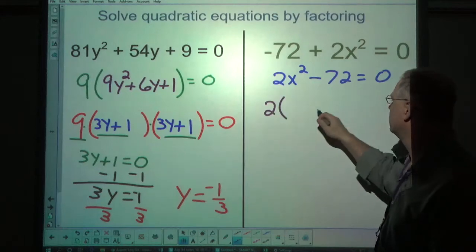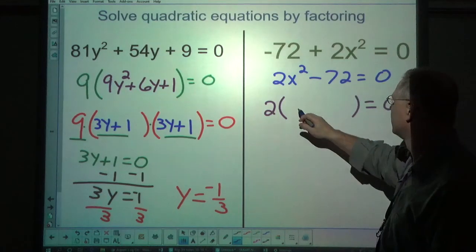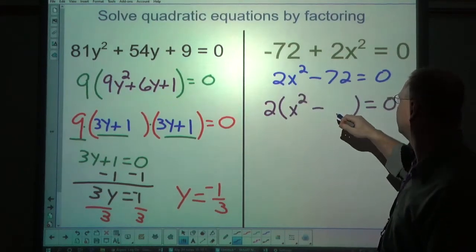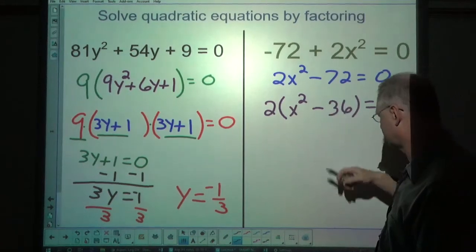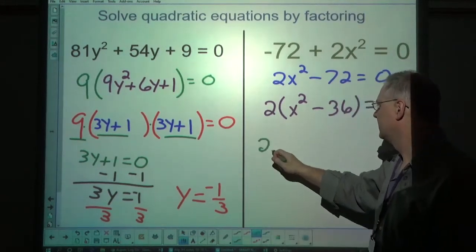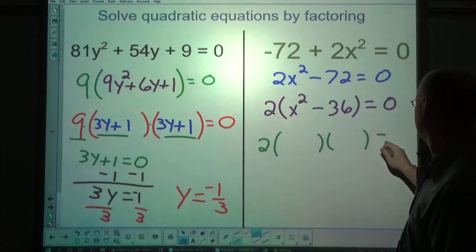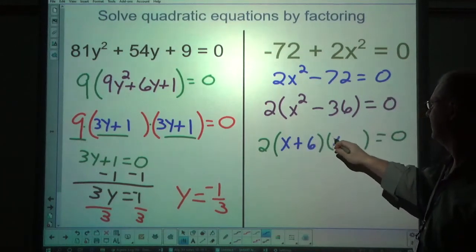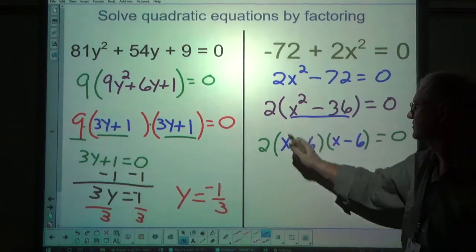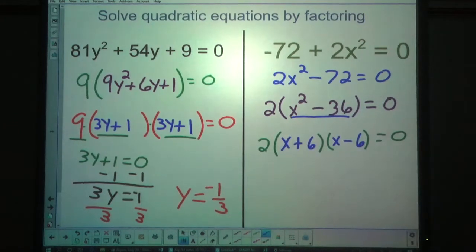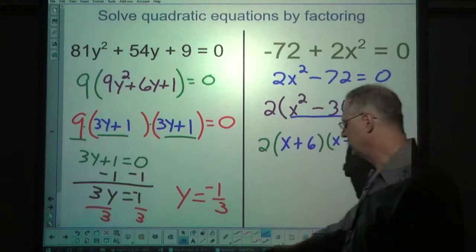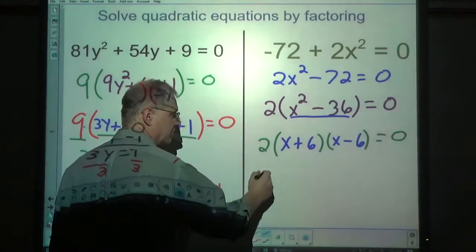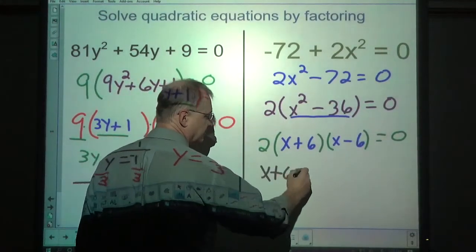We factor out a 2. That gives me x squared minus 36. And again, the 2 is there, and we're going to factor this into x plus 6 and x minus 6, difference of 2 squares. Now I'm going to set each equal to 0 and solve. x plus 6 equals 0.